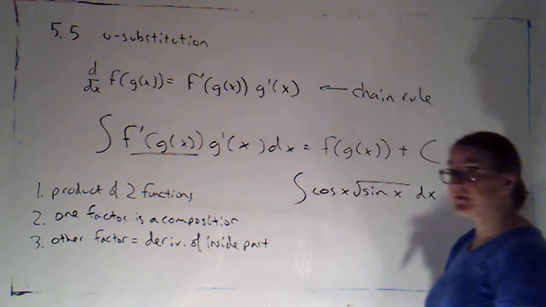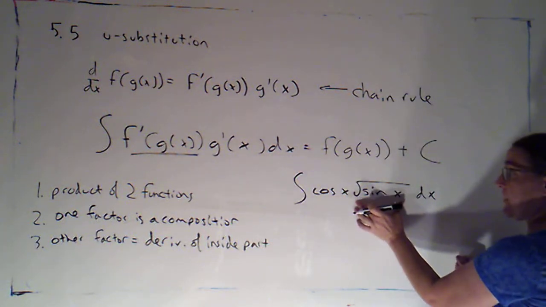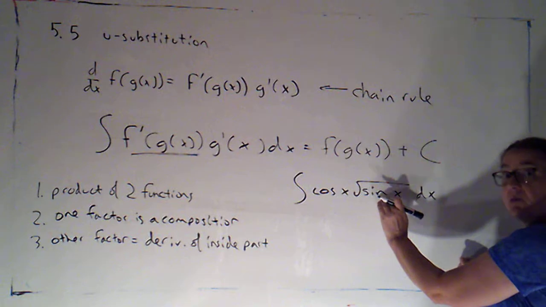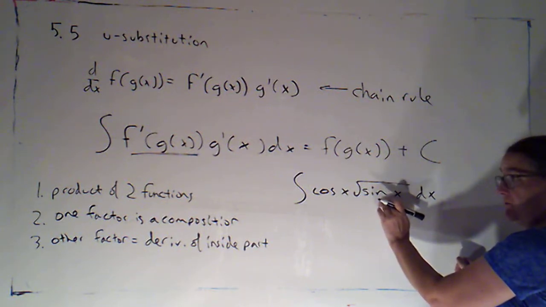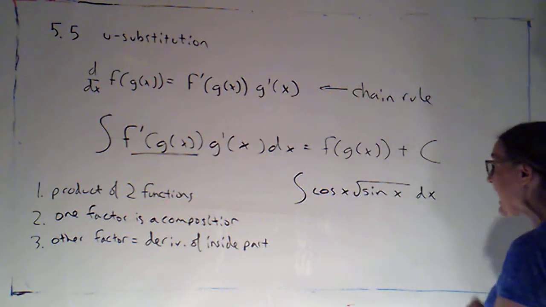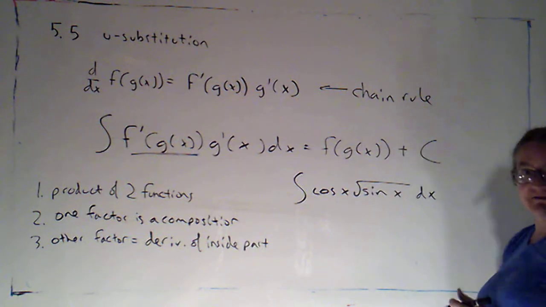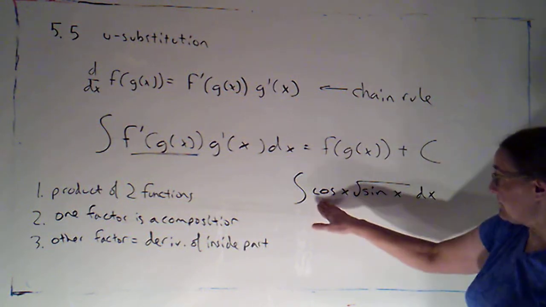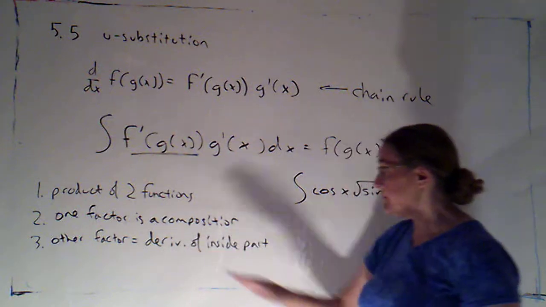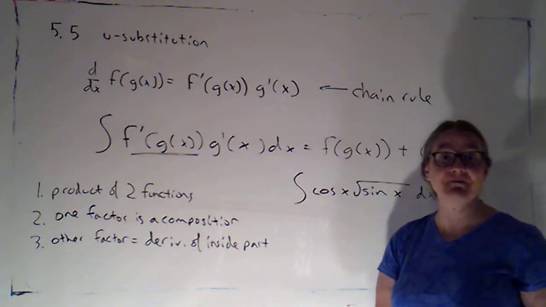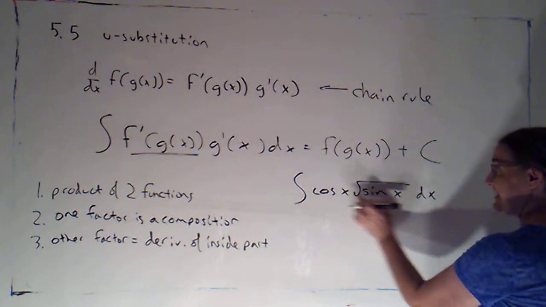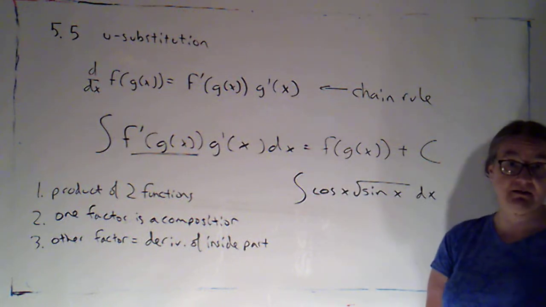One of these factors is a composition. That's going to be this one right here. This is sine of x plugged into the square root function. So the inside part is sine of x here. And then the other factor, cosine x, well, yep, that's the derivative of that inside part. My inside part is sine x, its derivative is cosine of x.